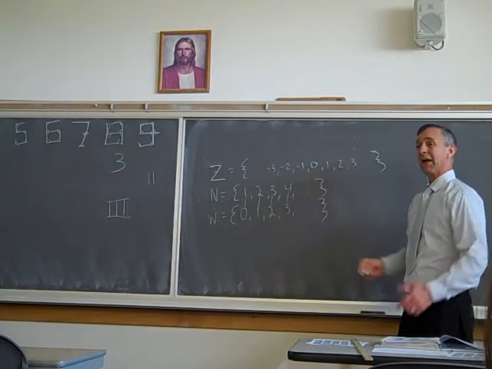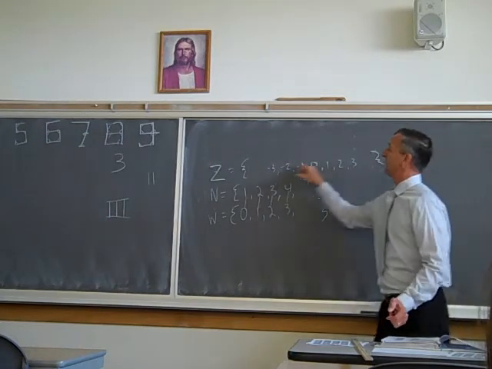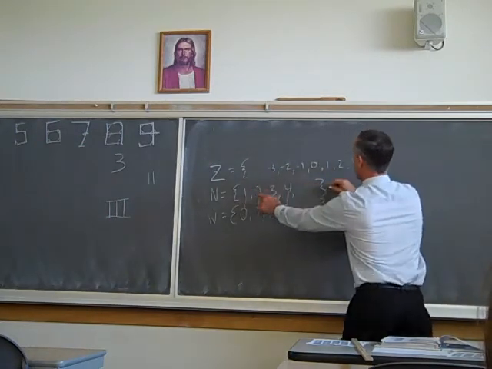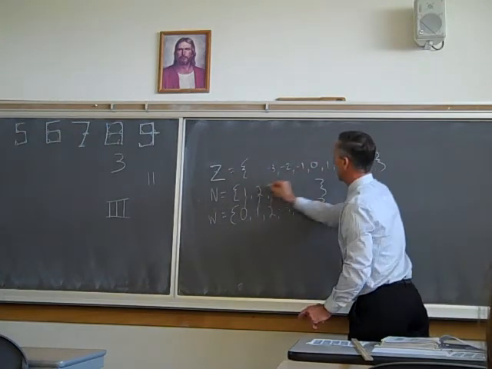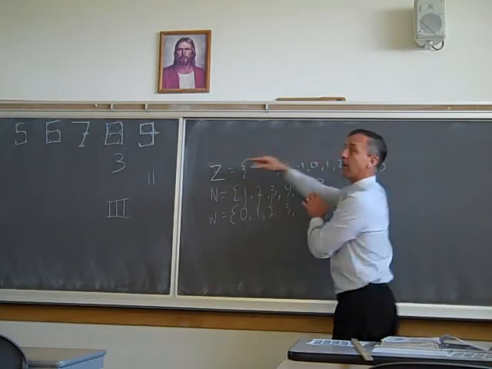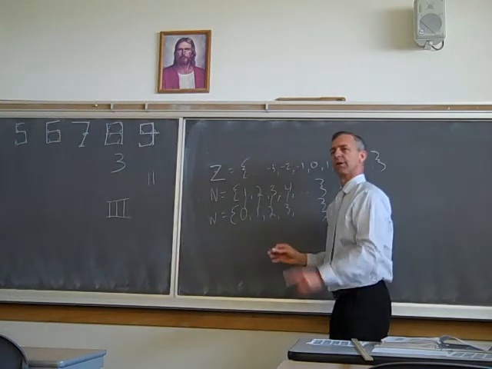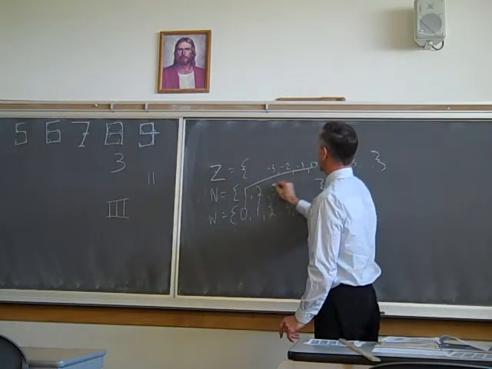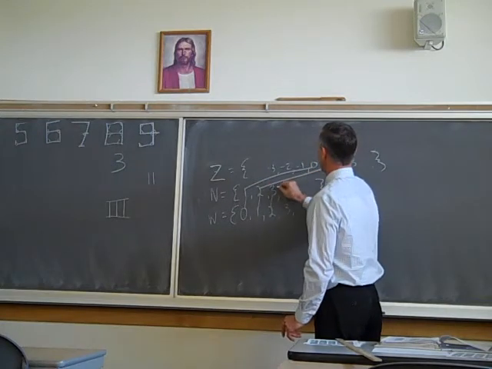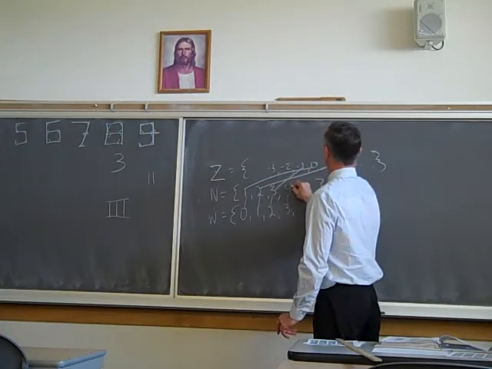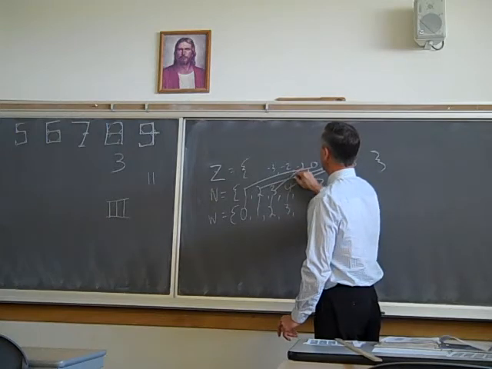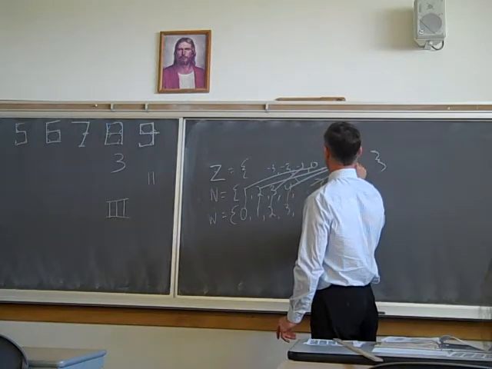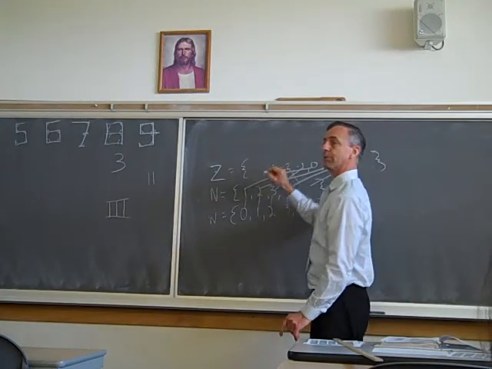And right off the bat we say, oh, this has got to be bigger because if I match these up, there would be all these left over. But watch. What if I match 1 with 0, 2 with 1, 3 with -1, 4 with 2, 5 with -2, 6 with 3, 7 with -3.